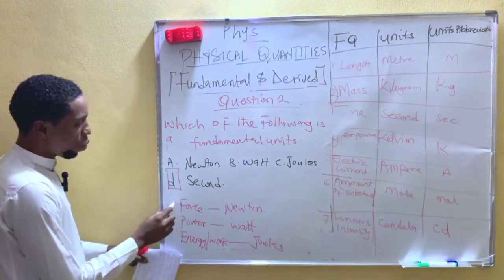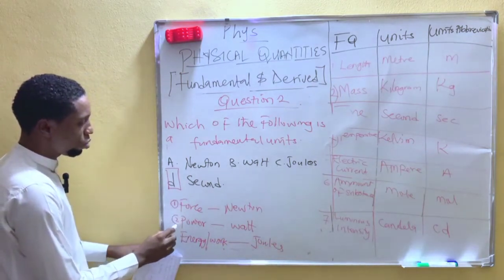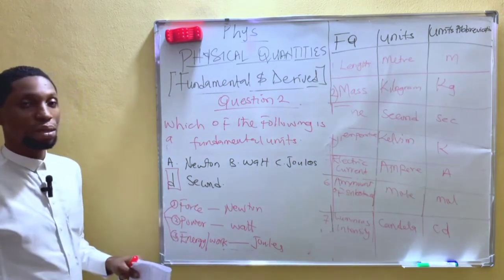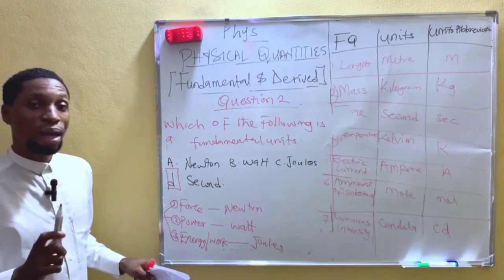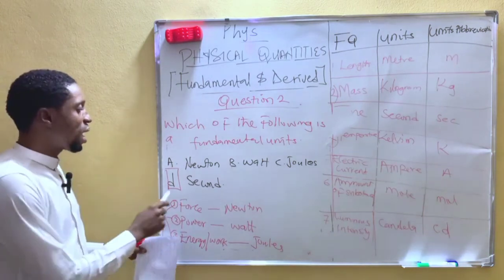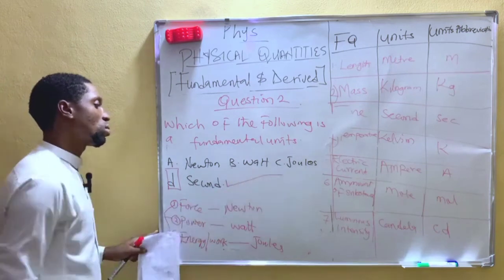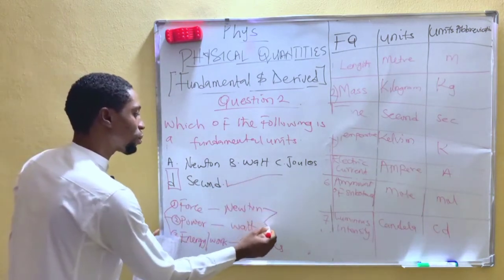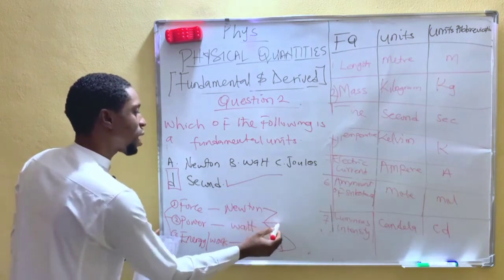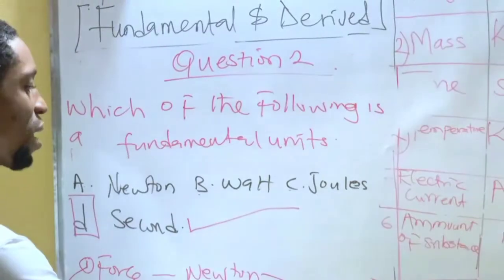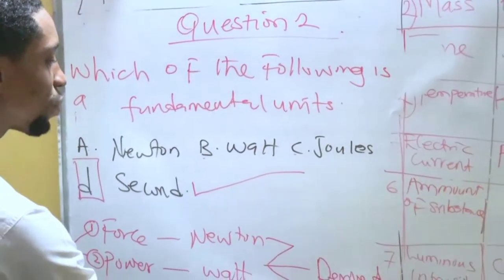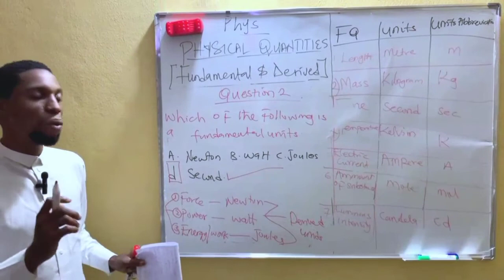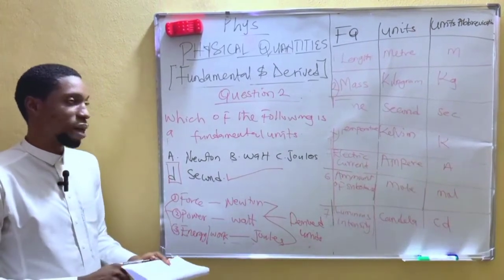And these three are derived quantities. They are not fundamental quantities. These three units are the derived units and not the fundamental units. That is why D is the correct answer.